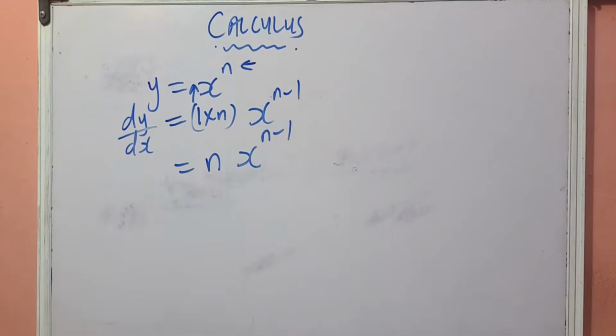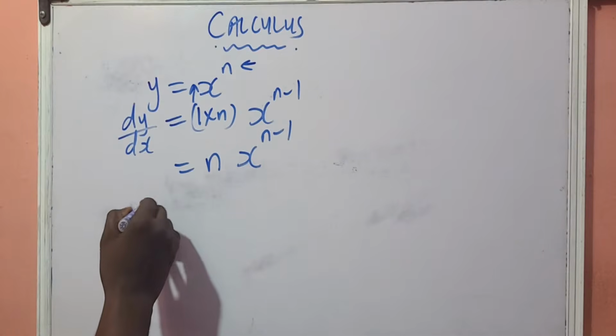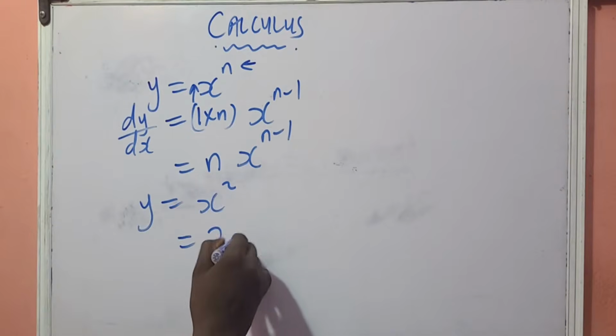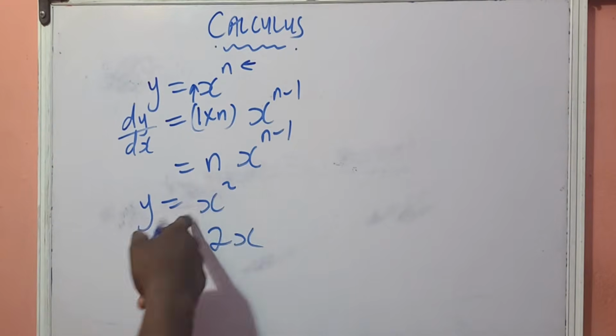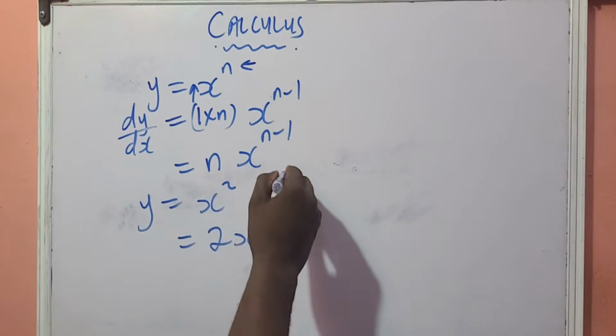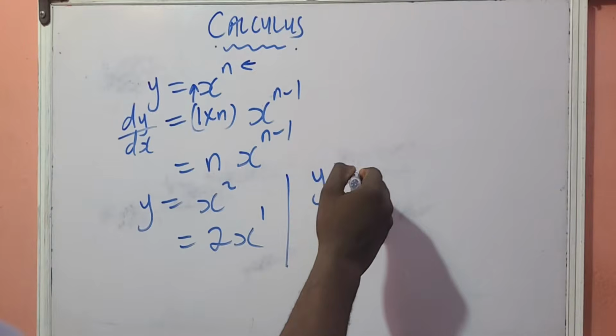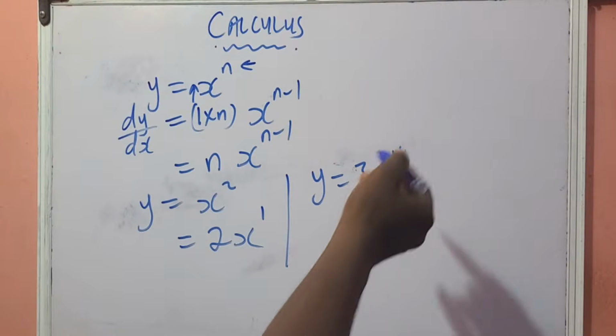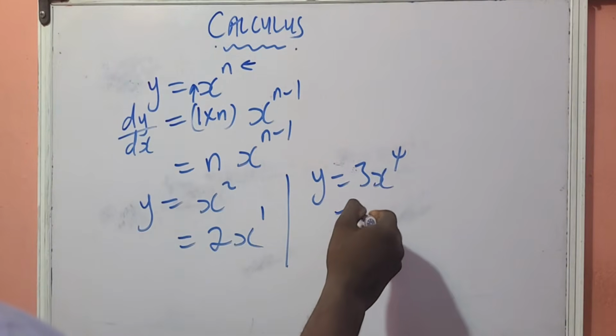This goes for any type of expression. Y equals, for instance, x squared. This would be 2x, that's 2 times the coefficient 1, raised to power 1, because this would be 2 minus 1. Let's say, for instance, we have y equals 3x to the 4. In this case, you will say 4 times 3, that will be 12.